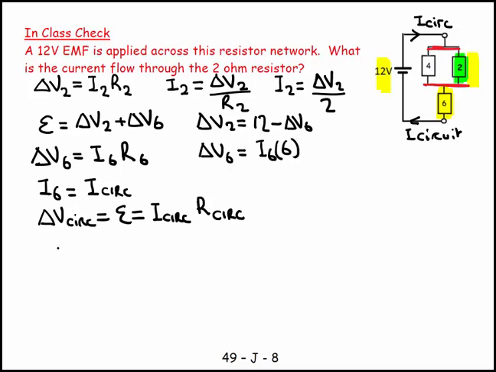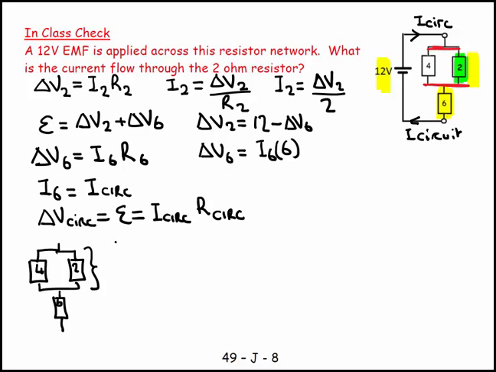The resistance of the circuit is all of this. So I'm going to combine these using my methods of networking resistors. And I recognize this is a parallel bit that's in a series combination.